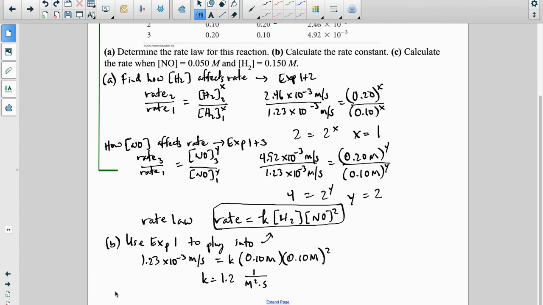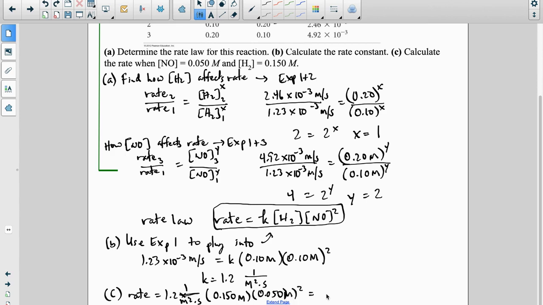And then plugging in for my rate in part C, I can put in my rate constant, 1.2 per molarity squared per second, times my hydrogen first, times my 0.50 molar squared.